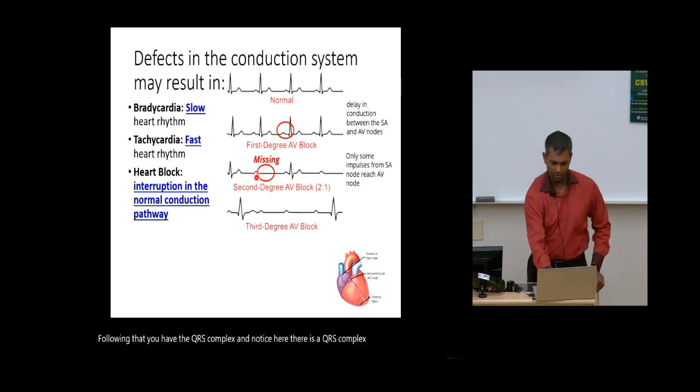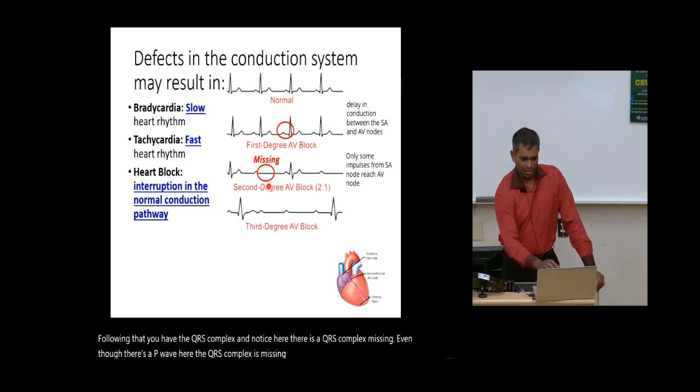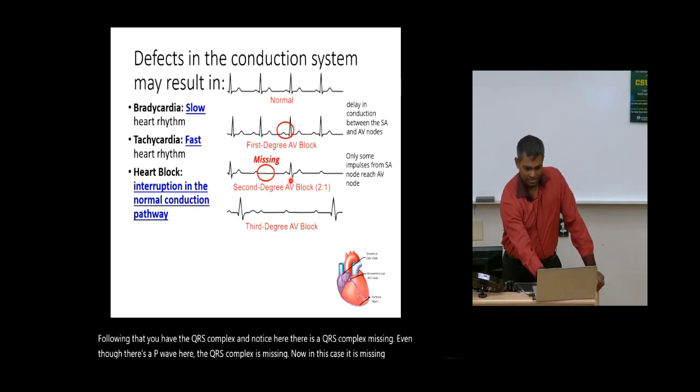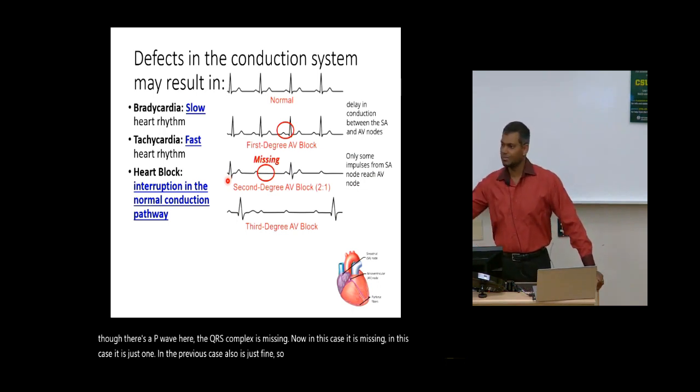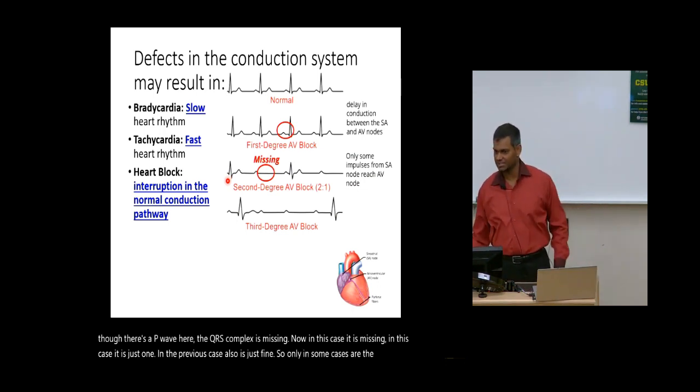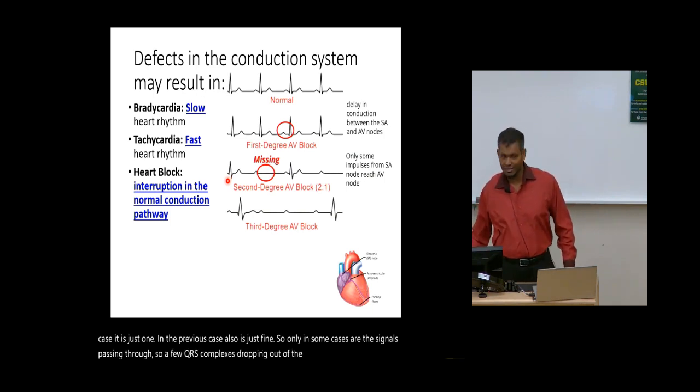Even though there is a P wave here, the QRS complex is missing. In this case it is missing, in this case it is just fine, and in the previous case also it is just fine. So only in some cases are the signals passing through. A few QRS complexes dropping out of the ECG reading can indicate a second degree block.